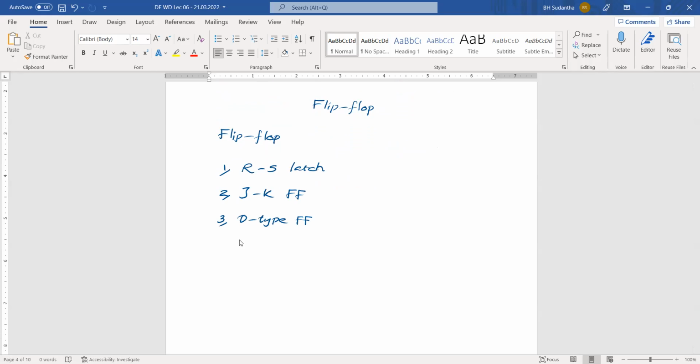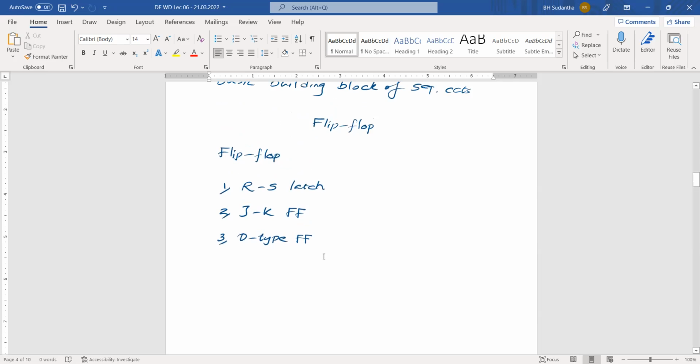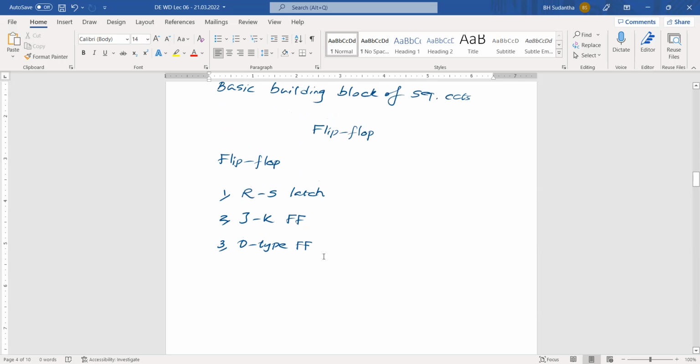Those are the three major flip-flops we are going to discuss, but in between these three we have some other types also. We'll discuss those then and there. It is pretty important to understand these flip-flops, otherwise we can't understand the sequential circuit.